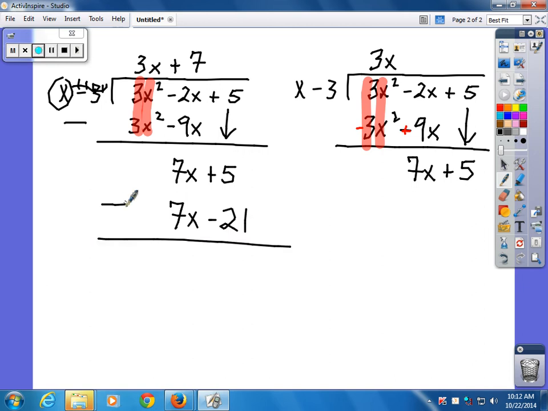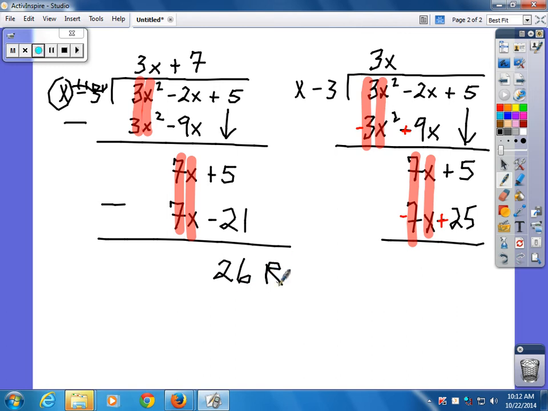With a big subtraction symbol, or 7x minus 21, and then we take the big negative and distribute it, and that becomes that. And what happens to the left-hand term? It cancels. That's supposed to happen. And what's left over? 5 plus 21 is 26 remainder.